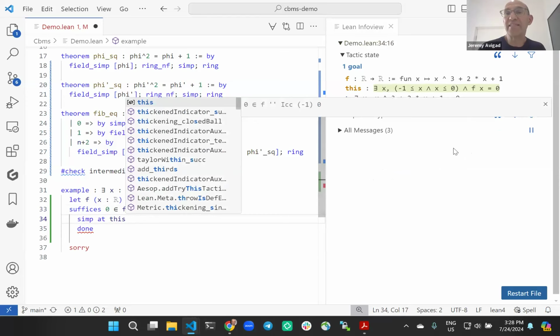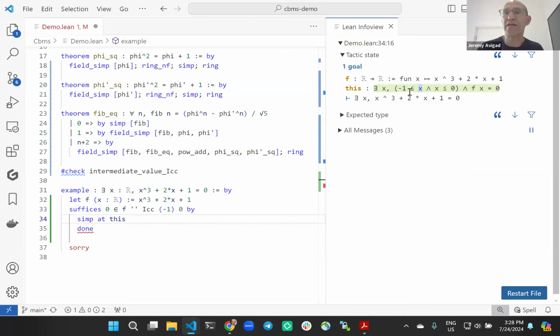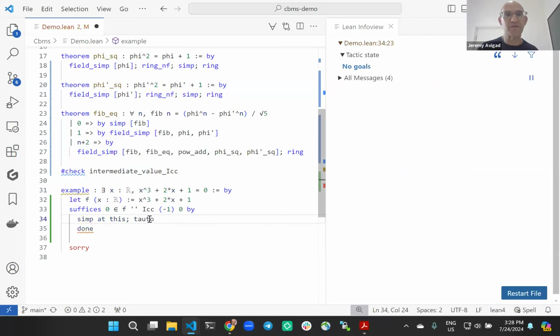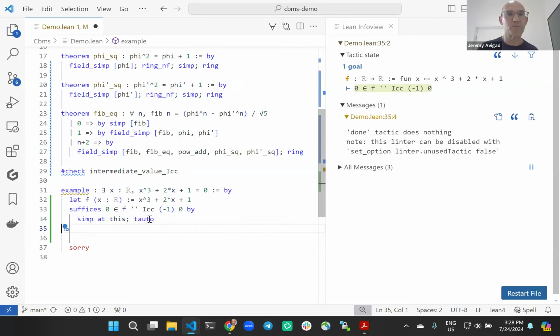And now you see that it says exactly what we think it should say, that there is an x between -1 and 0, such that f of x is equal to 0. The goal just wants to show that there is an x, such that f of x is equal to 0, without that side condition. But fortunately, Lean's built-in automation can do that.